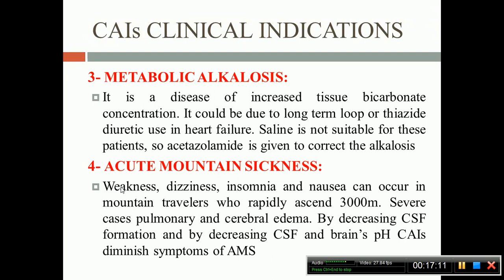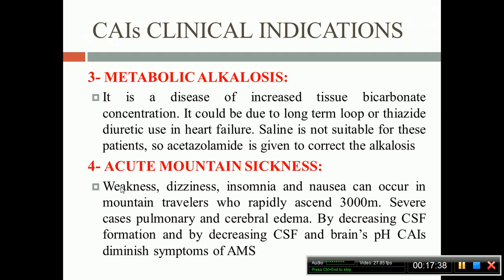The first goal is to acclimatize one's body, so mountain travelers need to acclimatize according to the situation. They spend a bit of time at 2000 meters, then 2500 meters, then they should move on to 3000 meters on day 2 or day 3. But if they rapidly ascend up to 3000 meters, they can develop this.